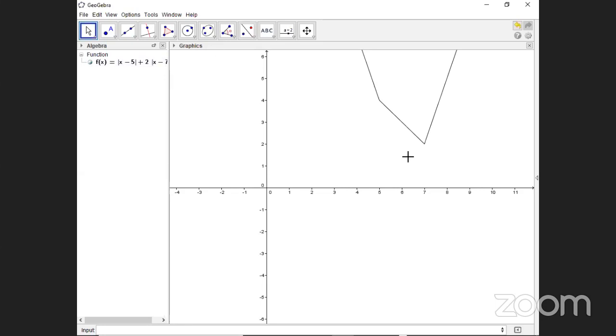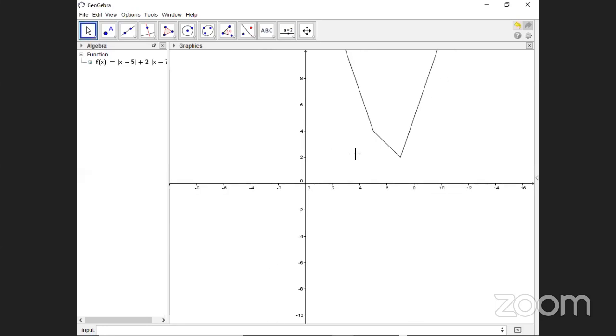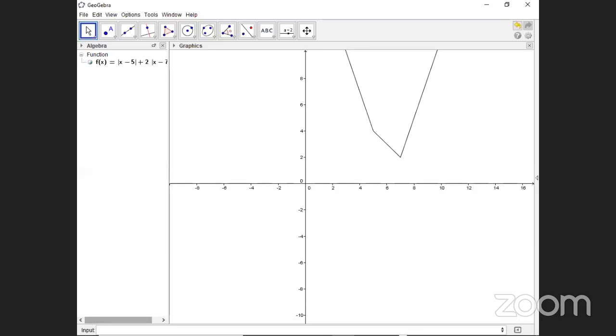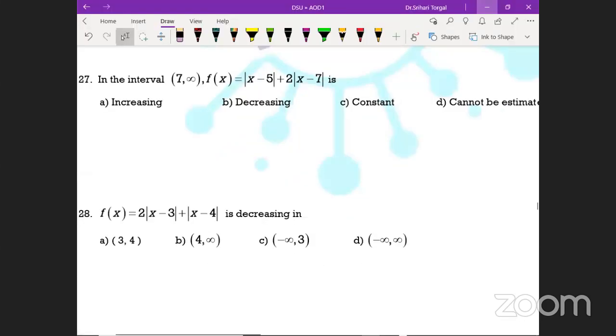see, you can see here, before 7 it is decreasing, the graph is decreasing. And after 7, it is increasing. Yeah? Now I'll tell you how to. See here. 2 is there.